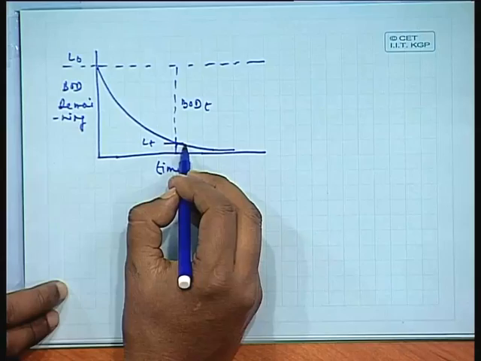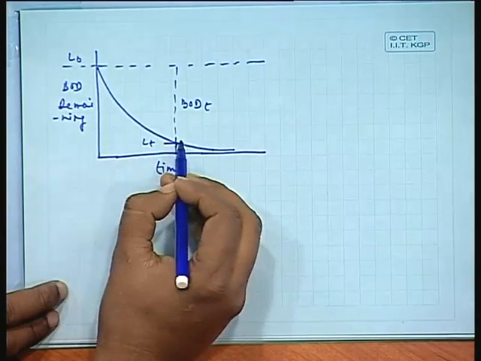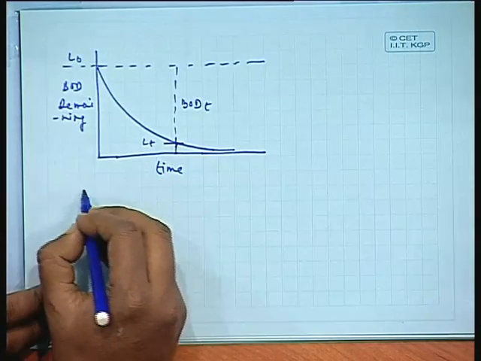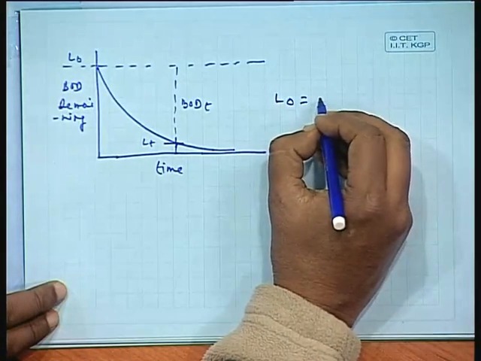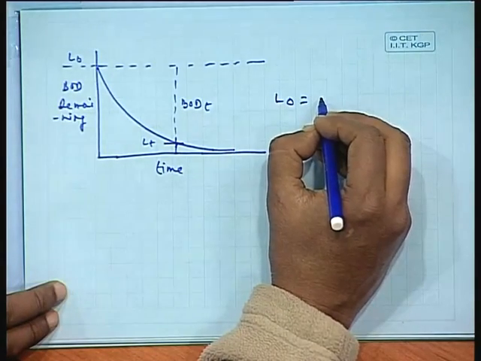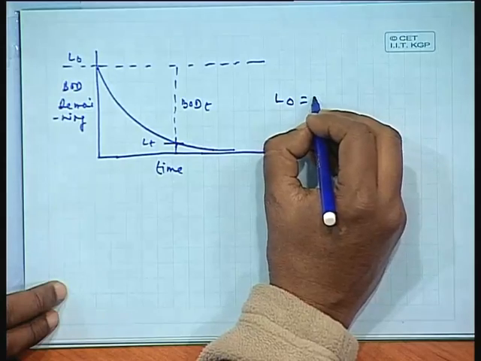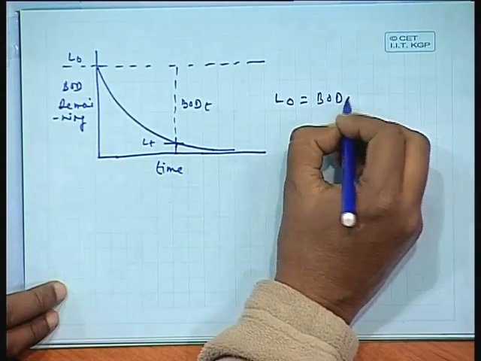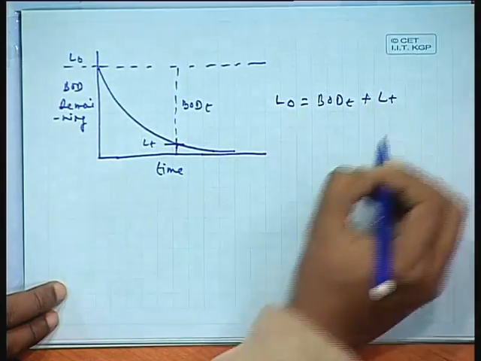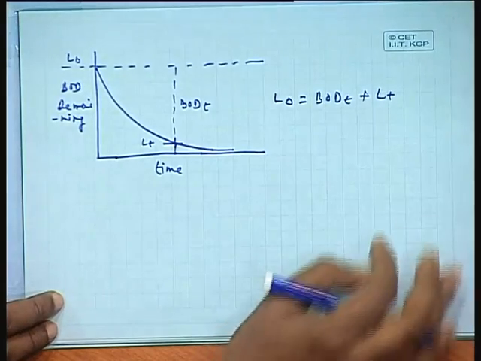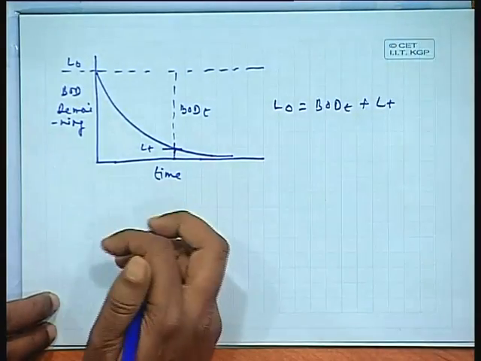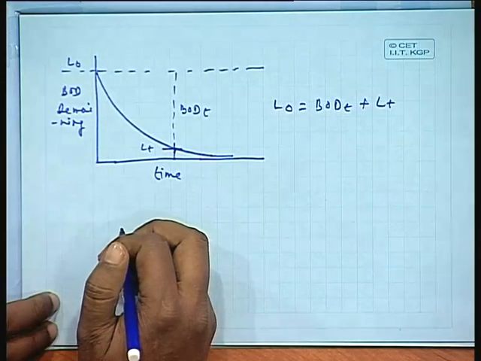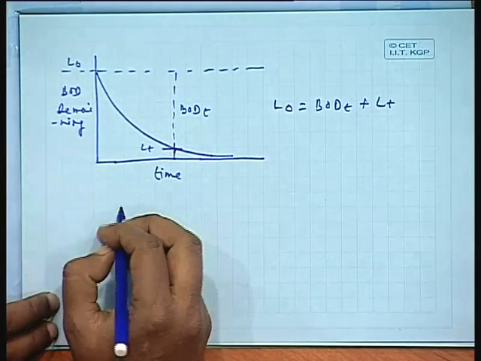So, at any point of time, L0, the ultimate biochemical oxygen demand, is BODT plus LT. So, the demand already consumed plus the demand remaining is the ultimate carbonaceous biochemical oxygen demand.